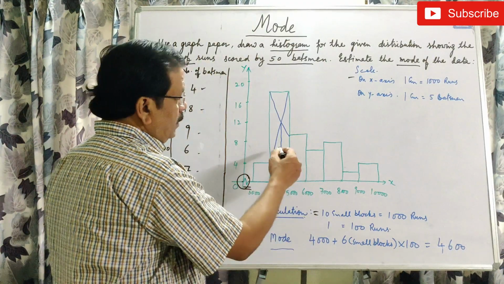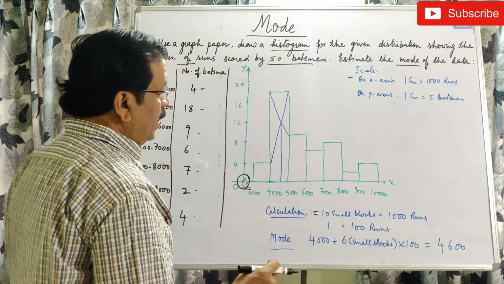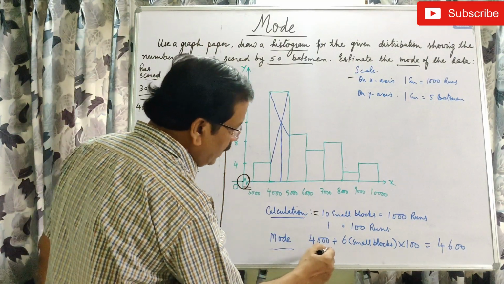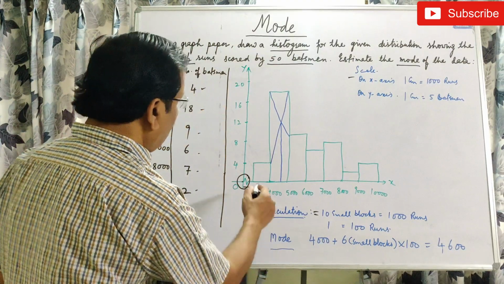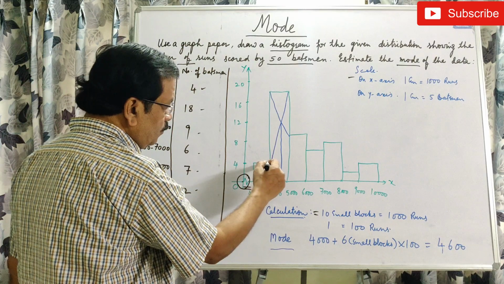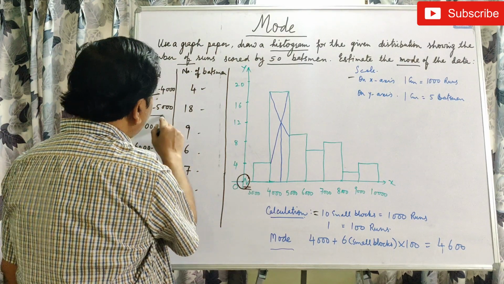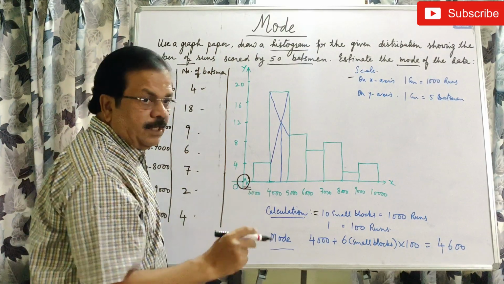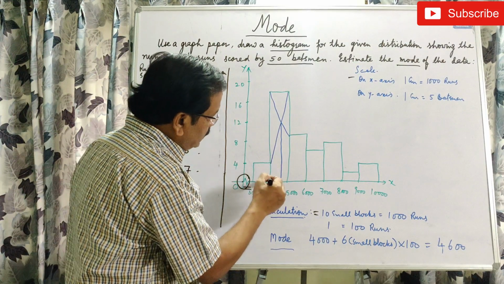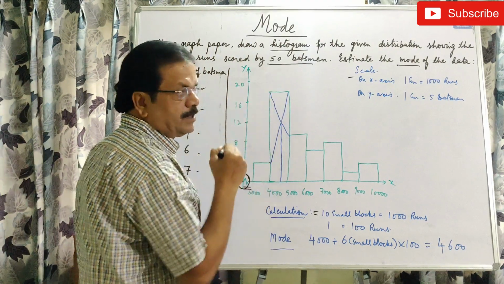Now here, after this, how can you draw the histogram? Again, just to get the correct value of the mode, just see how to draw the histogram. Make this block 3000 to 4000. Then for 4000 to 5000, 18. For 18, don't start from here, just start from here in the upward direction.